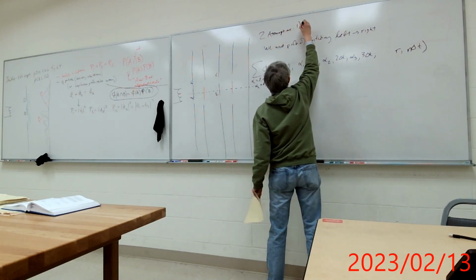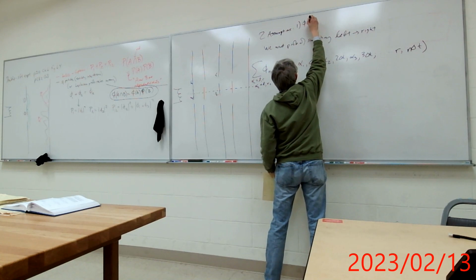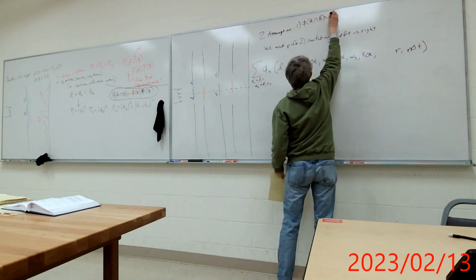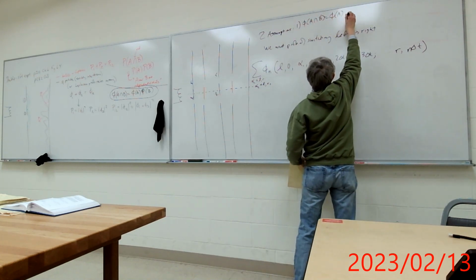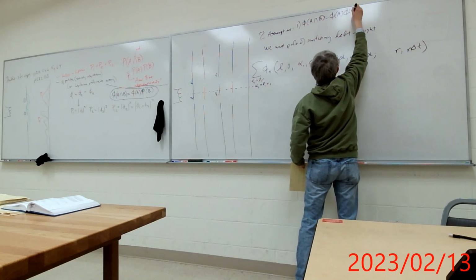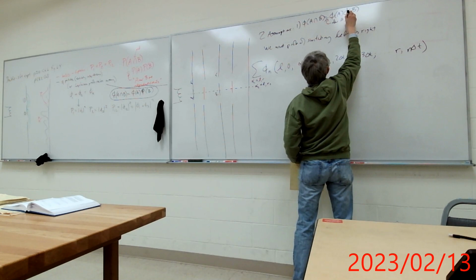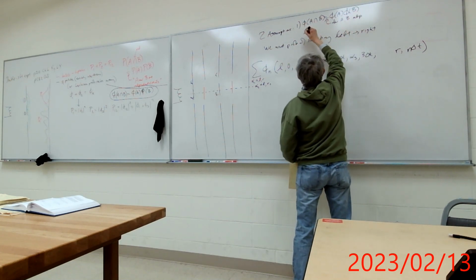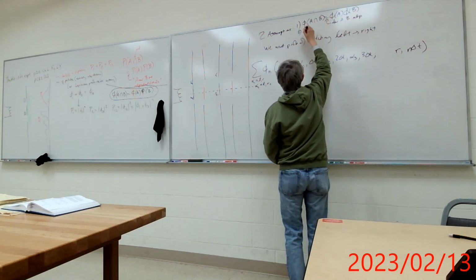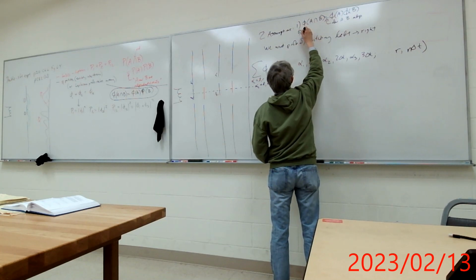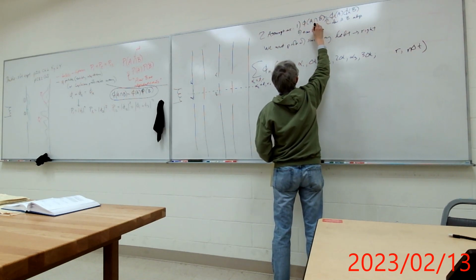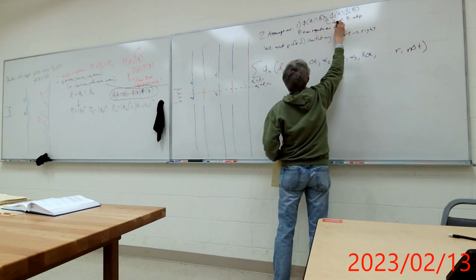One, phi of A and B equals phi of A times phi of B, for A, B independent, and two, different time segments are independent.